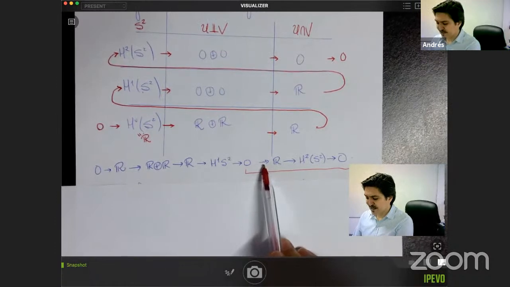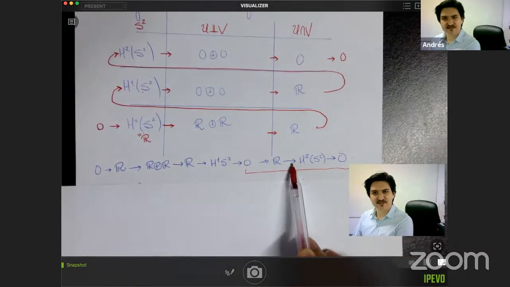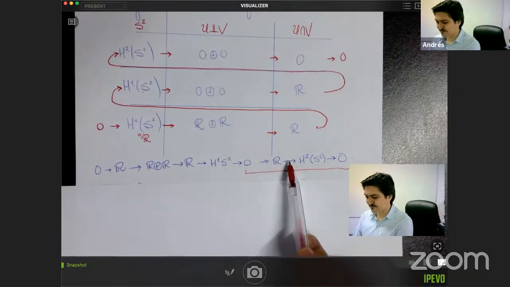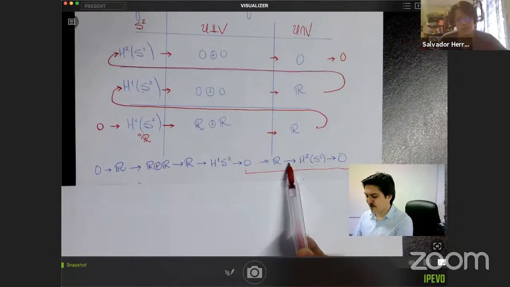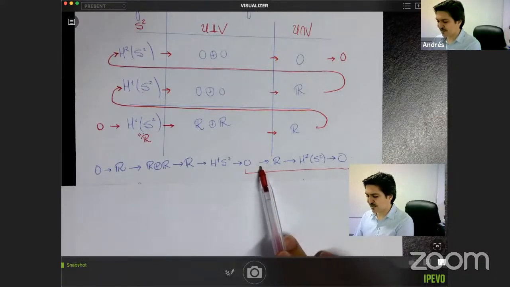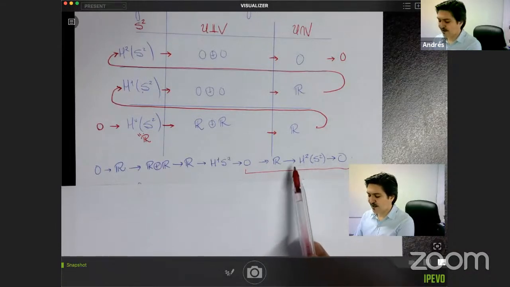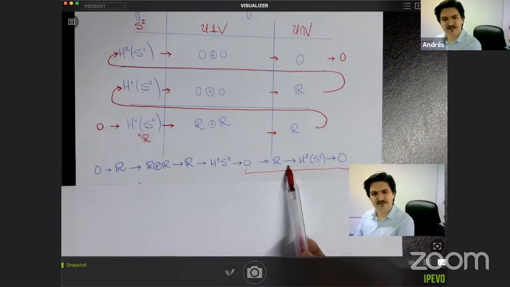The sequence is exact. 0 goes here. What do you know about this function? Because you have a 0 here, that is injective. Right, and you have a 0 here. So what do you have here? This map is injective because of the left-hand side. But if you use the right-hand side, what else can you conclude about this function?